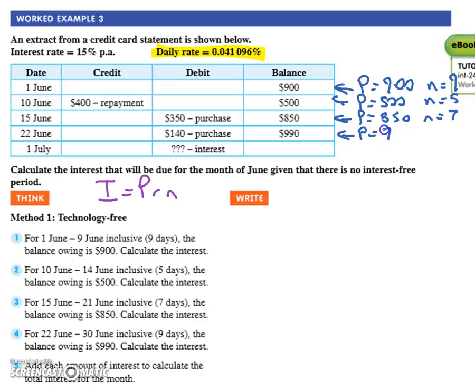You count the 22nd because that's when they did it. Okay, 22nd, 23rd, 24th, 25th, 26th, 27th, 28th, 29th, 30th. That would be 9.